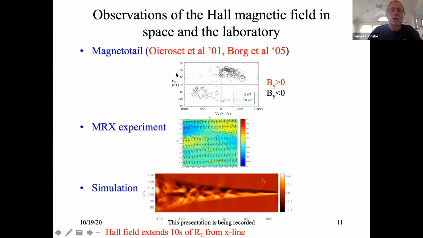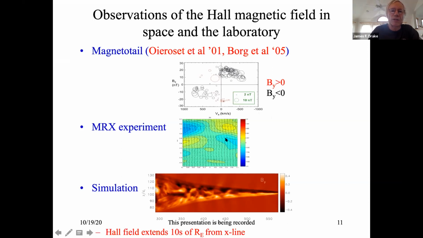This shows Bx, which tells you whether you're above or below the midplane in the magnetospheric tail coordinate system, and then Vx tells you whether you're down tail or towards the Earth. And you can see these out-of-plane fields, which are black in two quadrants and red in the other two quadrants. So this is the quadrupolar magnetic field due to the decoupling between electrons and ions.